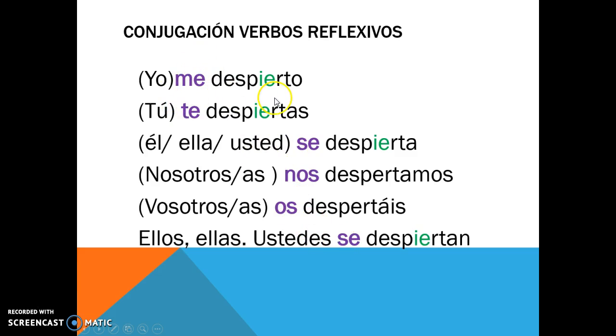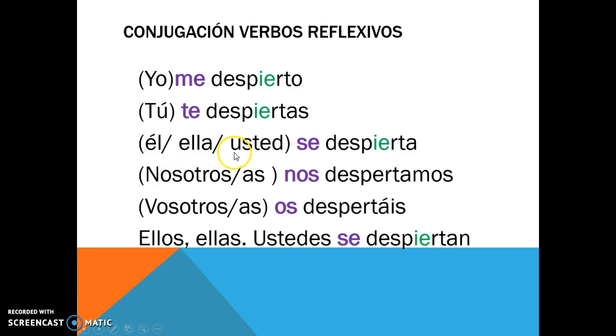So you will say, me despierto, te despiertas, se despierta, nos despertamos, os despertáis, se despiertan. And it is not necessary to use the subject because this reflexive pronoun is telling you the subject of the sentence.